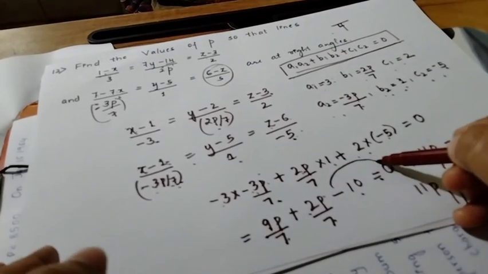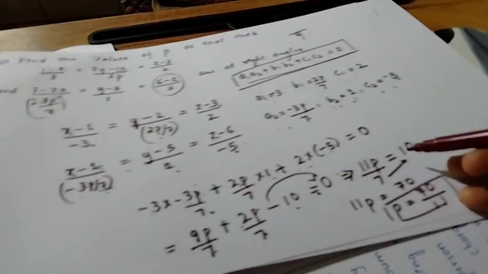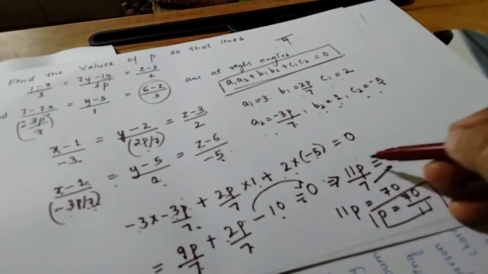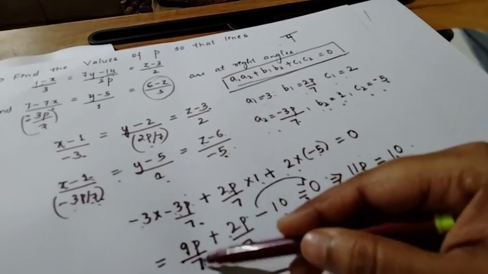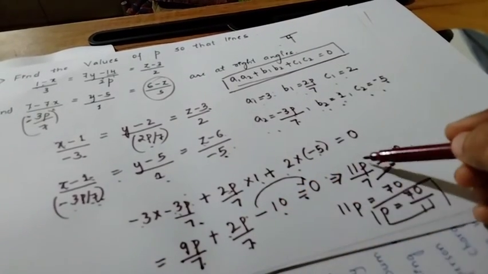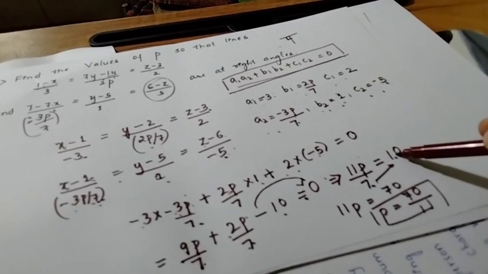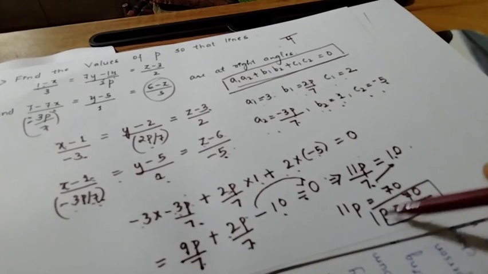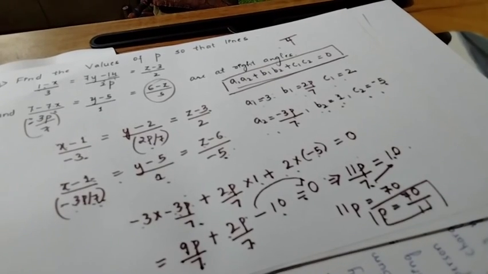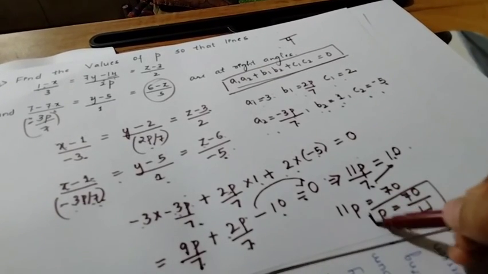So I shift this 10 to this side: 0 plus 10 is 10. Here 9p by 7 plus 2p by 7 is equal to 11p by 7. So 11p is equal to 10 sevens, which are 70. p is equal to 70 divided by 11. So this is the solution.